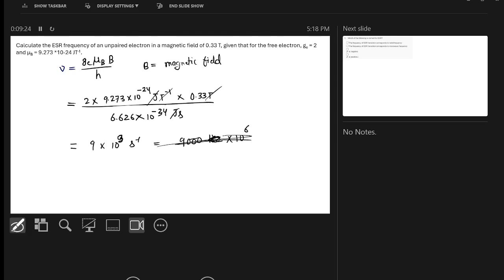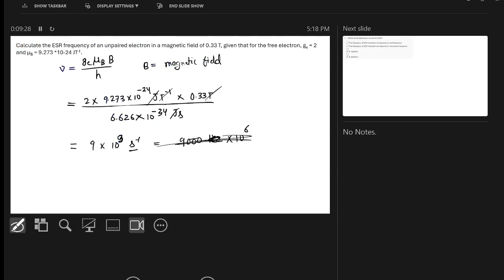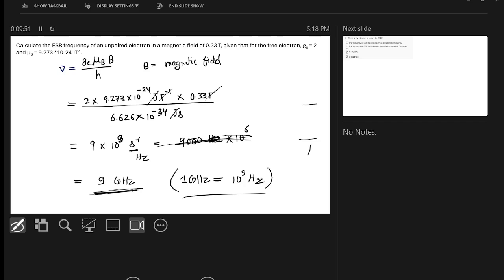This second inverse is nothing but hertz, so you can write 9 gigahertz. 1 gigahertz is nothing but 10 to the power 9 hertz. It means this much frequency is required to take the transition from beta to alpha when you apply this much magnetic field.